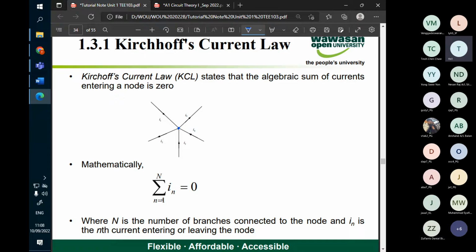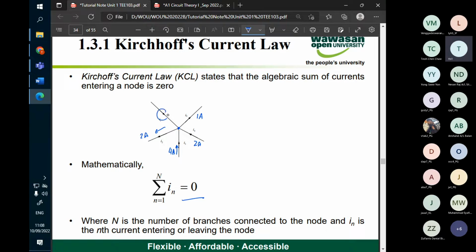KCL states that the sum of all the currents is equal to 0. For example, you have 1A going out, 4A going in, 2A going in, 3A going in, let's use integers, not to confuse you, another 4A going in, and another 2A coming out.